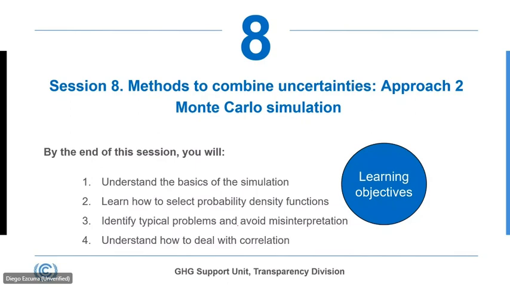You may face the problem of having negative values that are not realistic, for instance, for an emission factor, or having very long tails that are not really representing the variation of the inventory. So we will see a few cases and problems and typical situations that you should try to avoid.